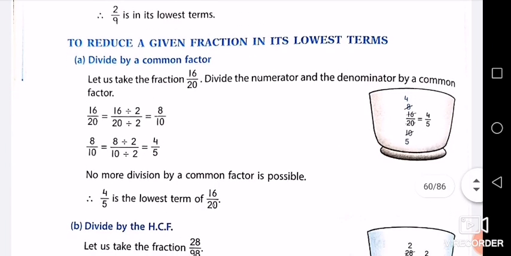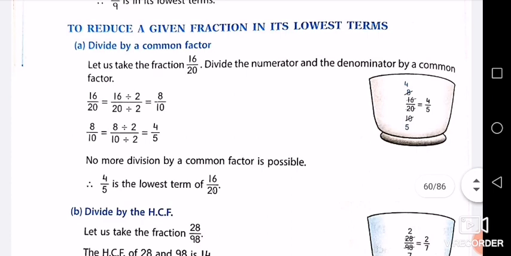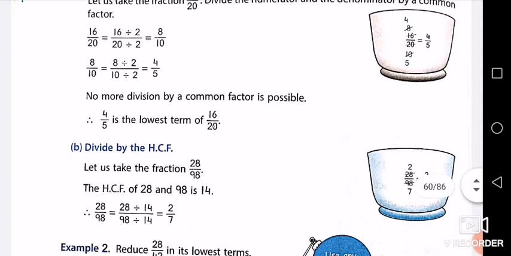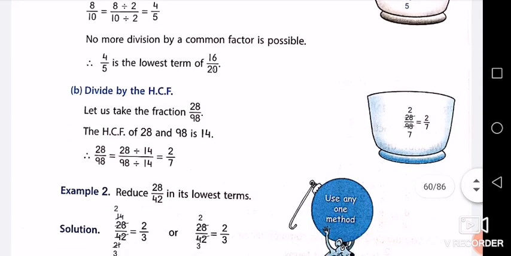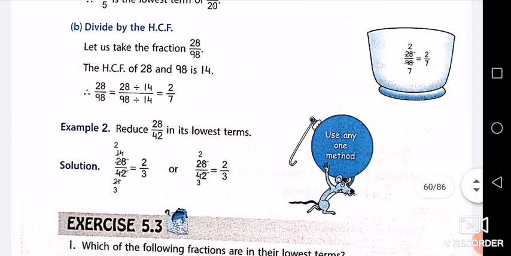Now we'll do questions. How to reduce a given fraction to its lowest term, we have seen in the previous slides also. Here also you can reduce it by dividing by a common factor, and then you will get the fraction which is in lowest term.